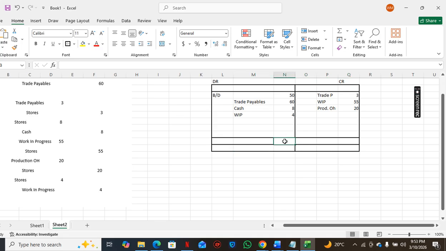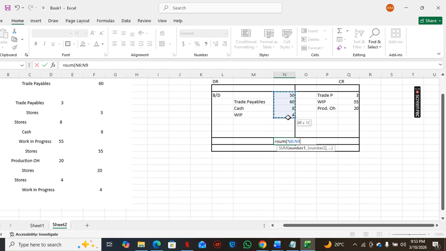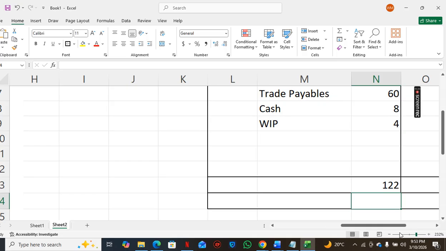You see which one is bigger, the debit or credit side. In this case, it's the debit side that is bigger. You just add 50 plus 60 plus 8 plus 4, 122.